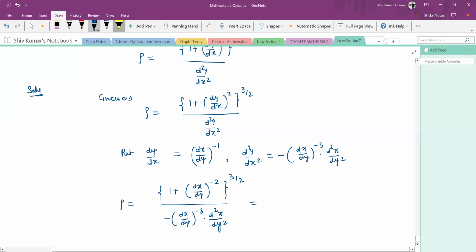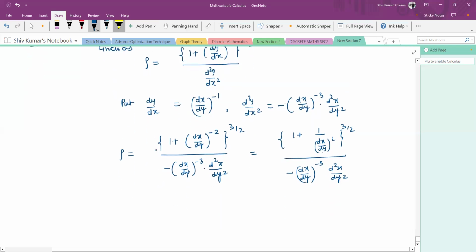This equal to, we simplify this as, so we can write down as 1 plus 1 upon (dx/dy) whole square, whole to the power 3/2 upon minus (dx/dy)^-3 d²x/dy².